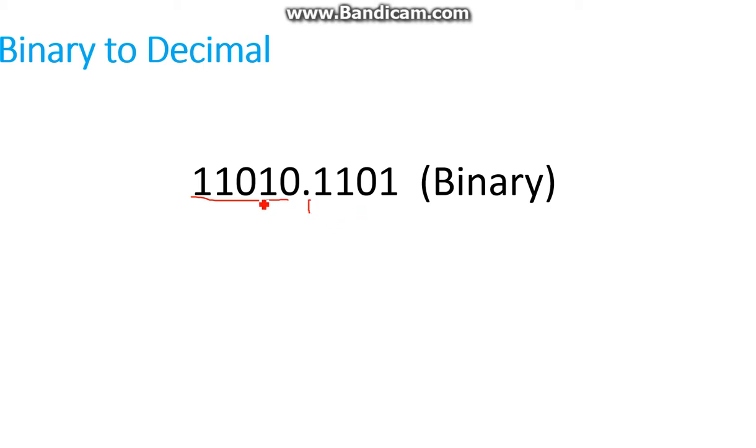These 5 bits represent the integer part of the number, and the remaining 4 bits, located to the right of the binary point, represent the fractional part. So places to the left of the binary point are positive powers of 2, whereas the places to the right of the binary point are negative powers of 2.